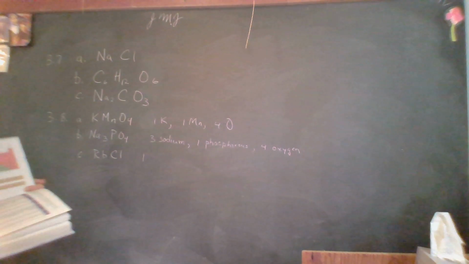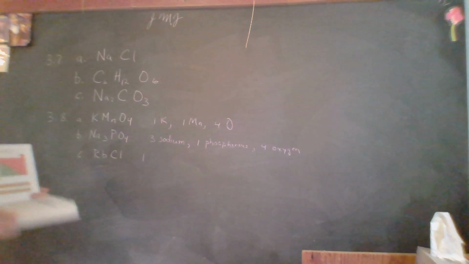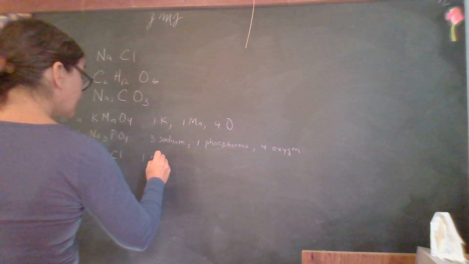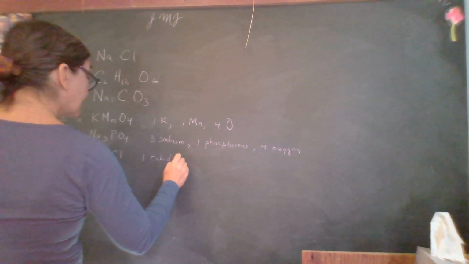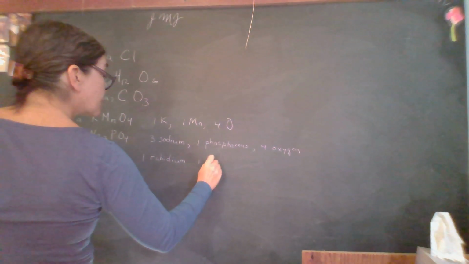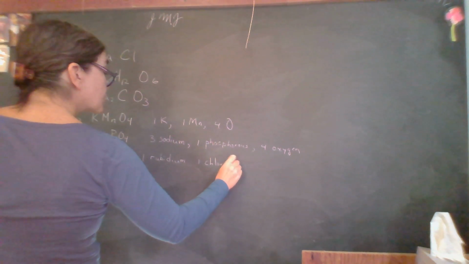Okay, so again, we look up here, and Rb is rubidium, 1 rubidium, 1 chlorine.